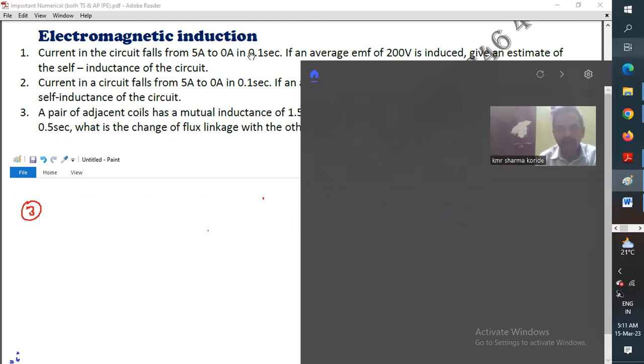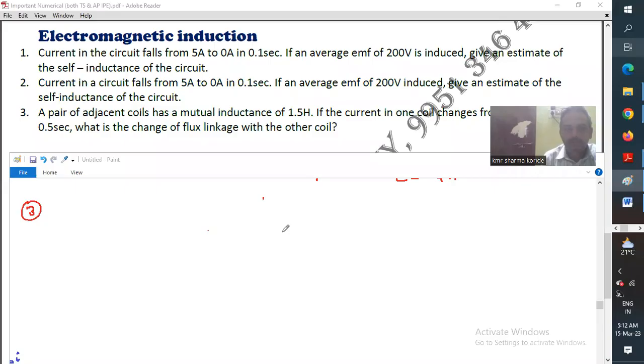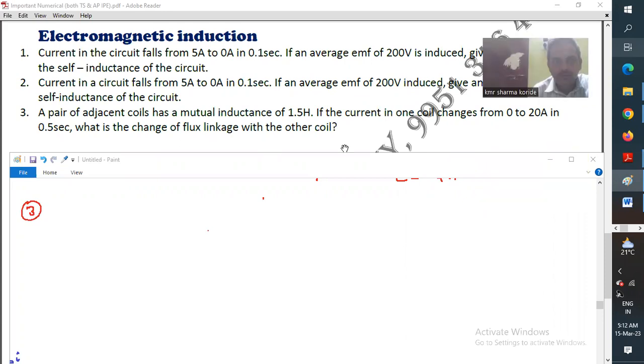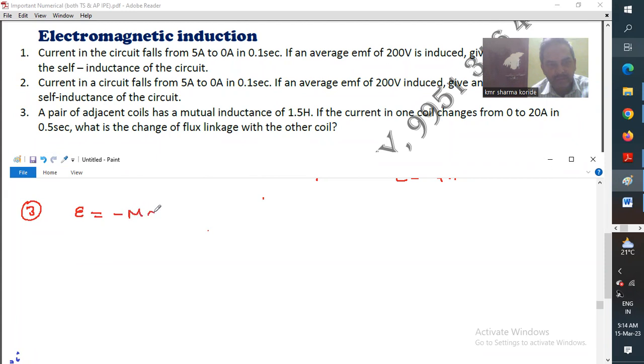If the current in one coil changes from 0 to 20 amperes in 0.5 seconds, what is the change in flux linkage with the other coil? So question is EMF only. Get back the formula: EMF when mutual inductance is taken, so M di by dt.